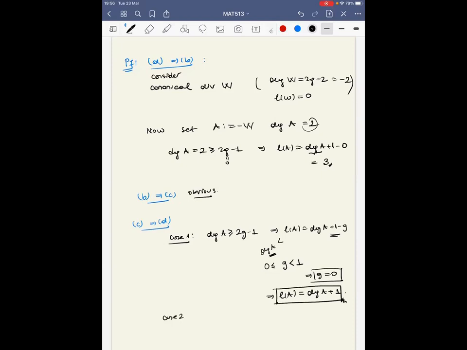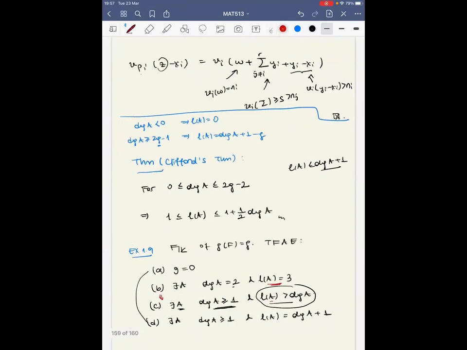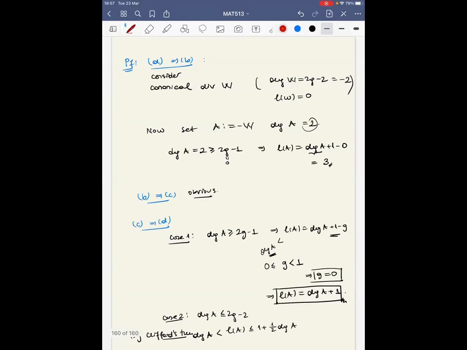And in the second case, we want to observe what happens if the degree is less than or equal to 2g minus 2. In this case, we can apply Clifford's theorem, which basically says the dimension is less than or equal to 1 plus half of the degree. On the other hand, by the assumption in C, we know that its dimension is strictly bigger than its degree.